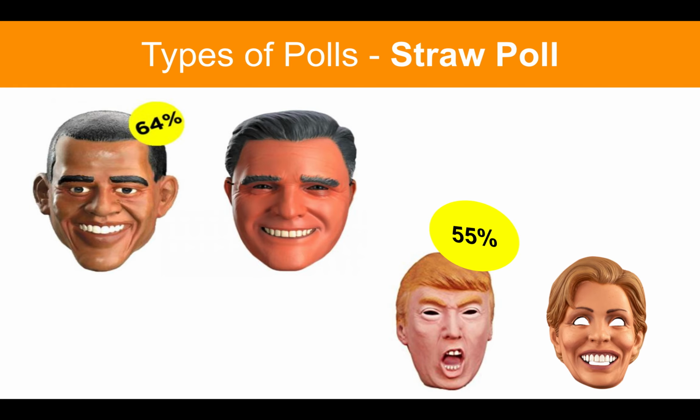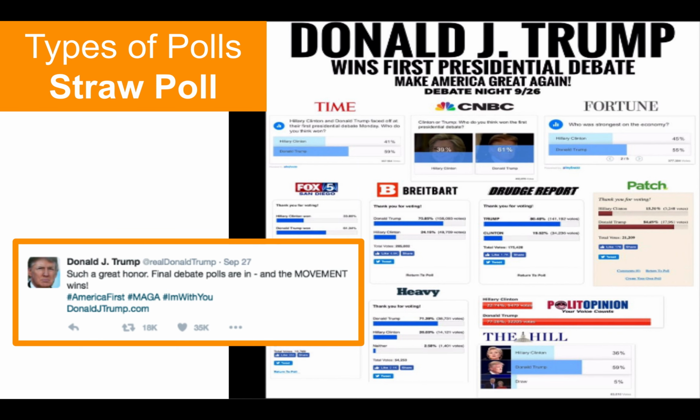And people like to include straw polls, stuff like, oh, we could look at Halloween masks, and whichever Halloween mask sells the most is clearly who's supported the most for presidential election. So Obama's mask sold the most, and Trump's mask sold the most. They must be the winners. Or you could look at any poll that's posted after a debate, asking people, who do you think won the debate?